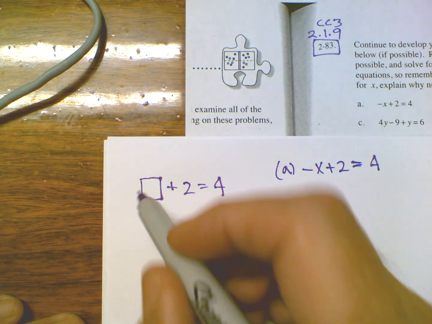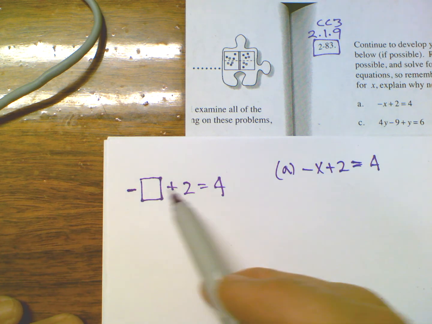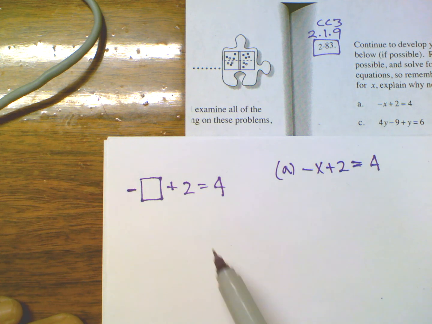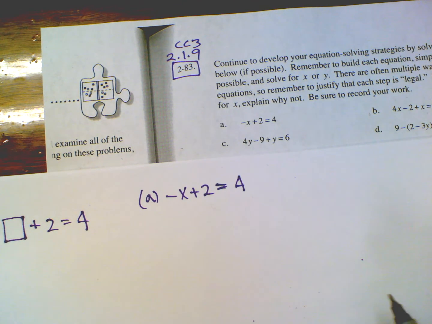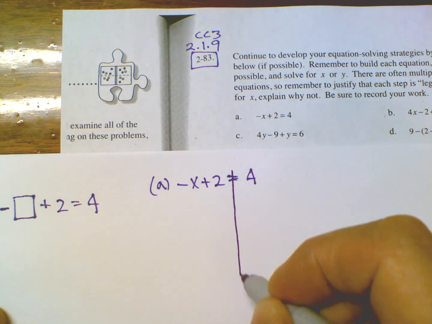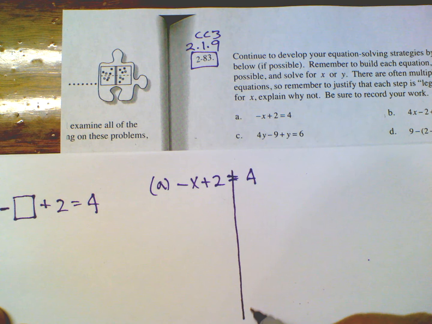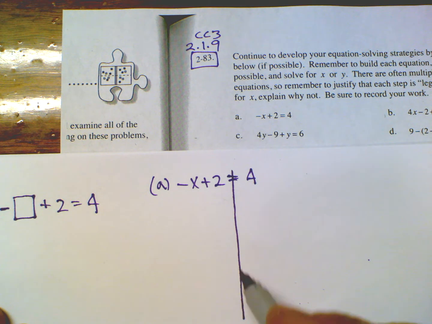So that's what that variable is, but in this case, we got a negative in front of it, so it gets a little trickier. So you may be able to see what's going to go in there to still make that work, a little more complicated. But solving an equation, remember, is only just finding that missing value. So when we're doing that, I put in my equation bar, my equation line, so that I can line up my equal signs and make sure that I'm balancing my equation.